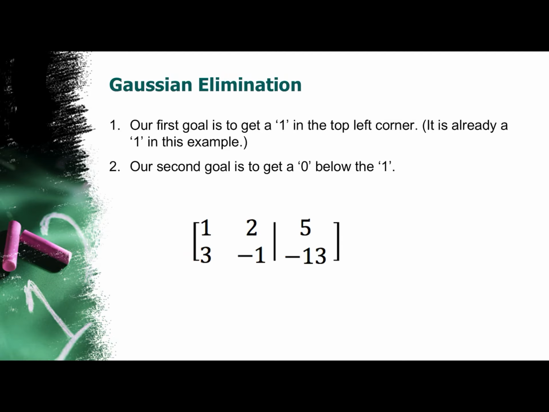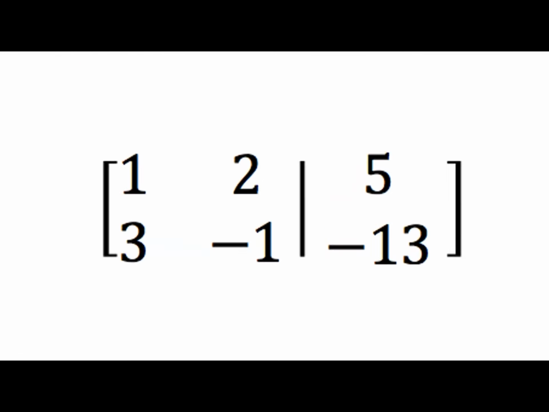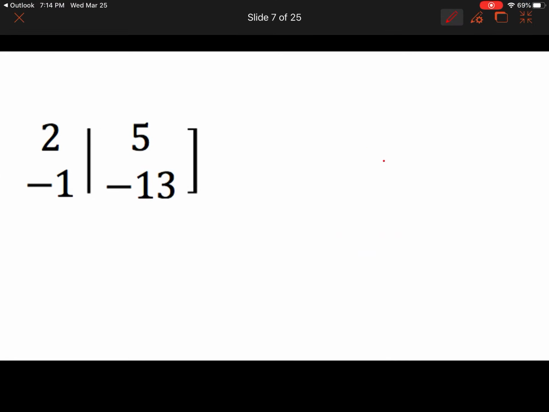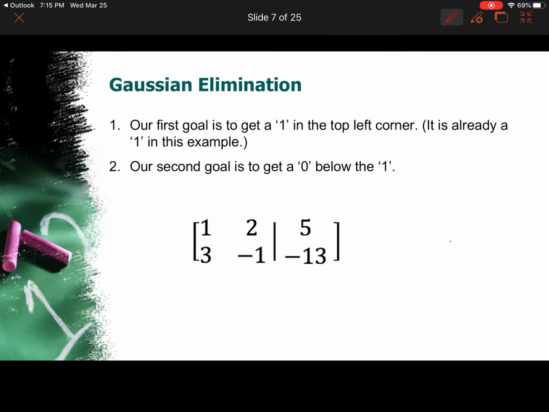So if I multiply the whole top row by -3, and I add it to the second row, then that would give me a 0 in the first spot. Now the rest of them will be changed too, but, okay, let's get back here, all right.